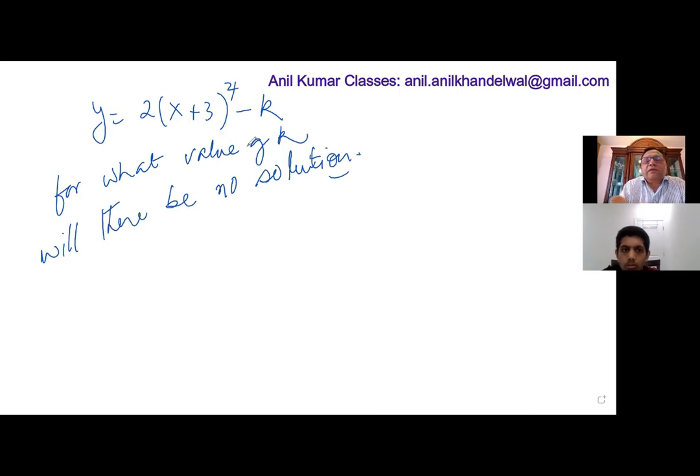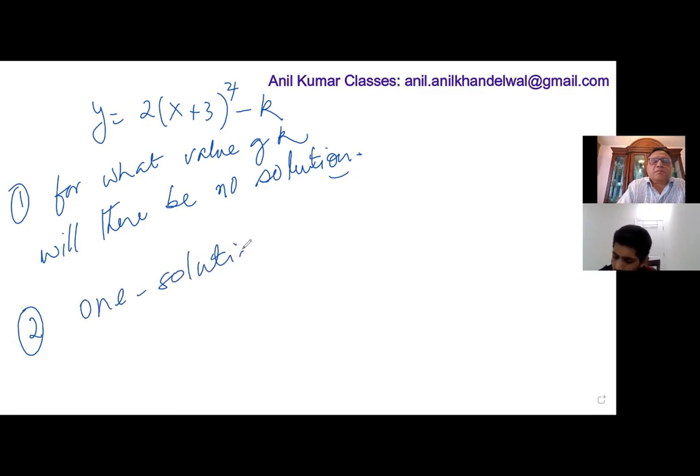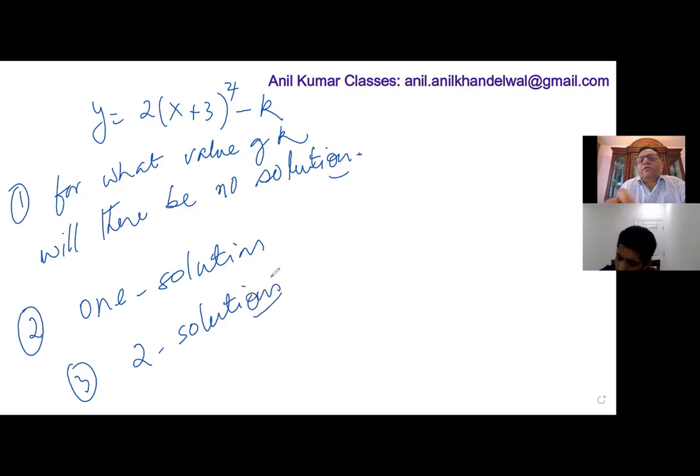For what value of k will there be no solution? Part 1. Part 2, one solution. And 3, two solutions. So how will you figure this out? Without doing calculations, can you tell me the answer?